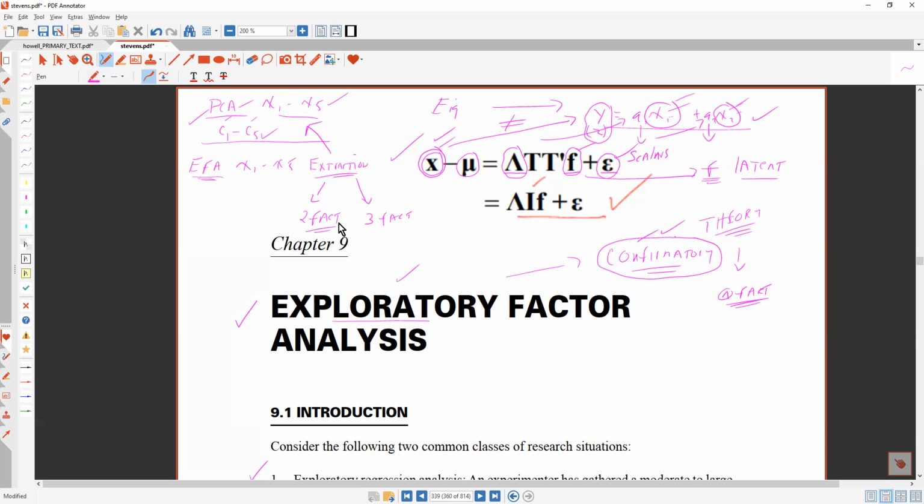Why? Why did we say it's completely different? It's completely different because the loadings, right? The loadings in here are going to change because these loadings are analogous to regression weights. They're analogous to regression weights and they are going to change. That does not happen here.